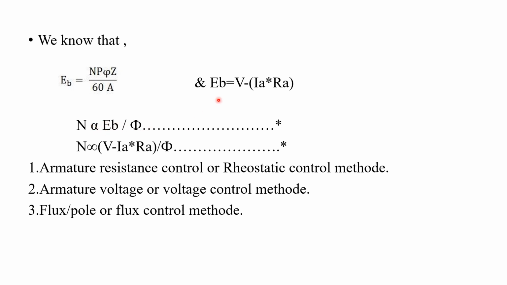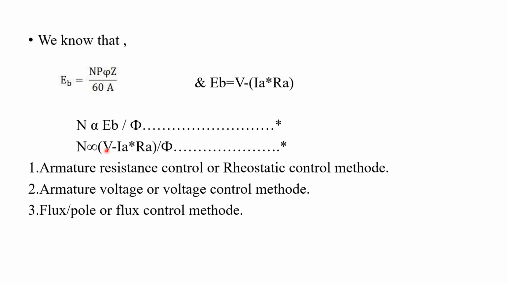And the next equation for the back EMF, Eb is equal to V minus IaRa. So we can replace Eb by V minus IaRa, and we get N is proportional to V minus IaRa divided by φ.